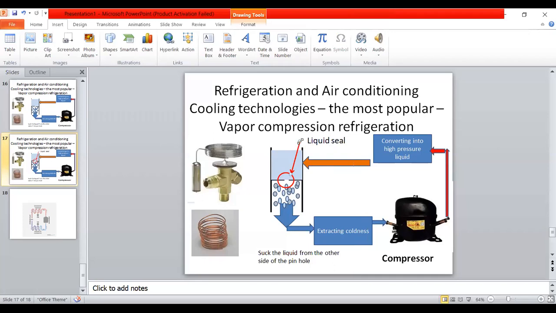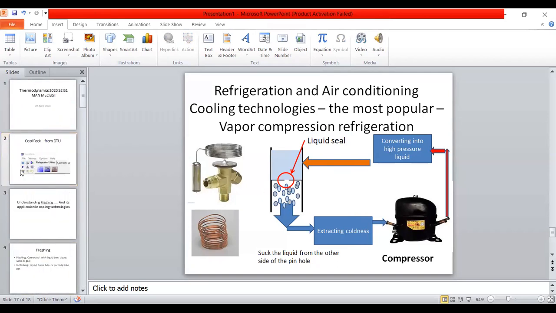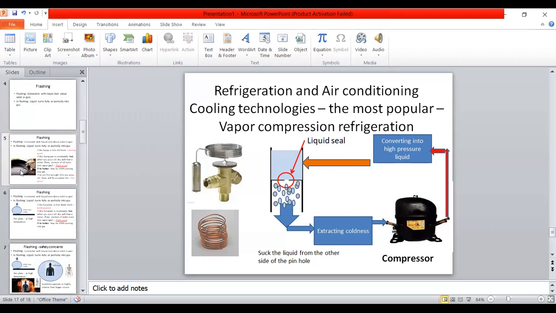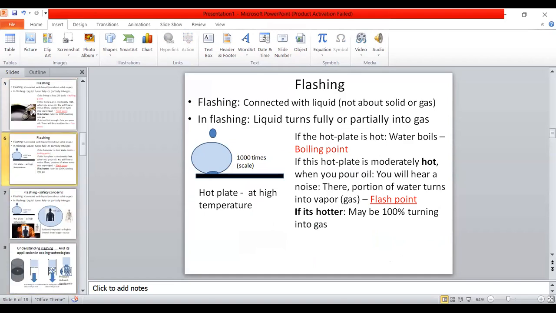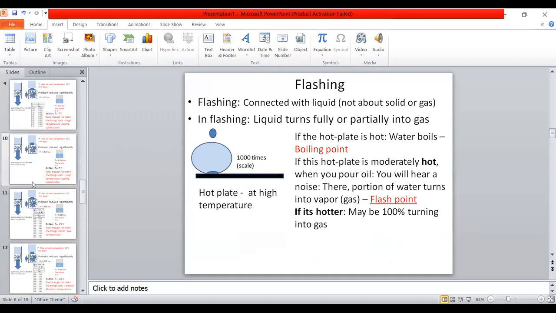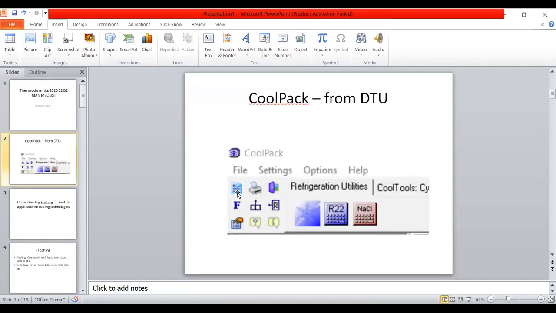Without liquid seal, flashing will not take place. It is very important because otherwise vapor simply passes through. Okay, good. So that's all for today. Not to say a tough lesson, but the flashing phenomenon is very important. Try to understand this.